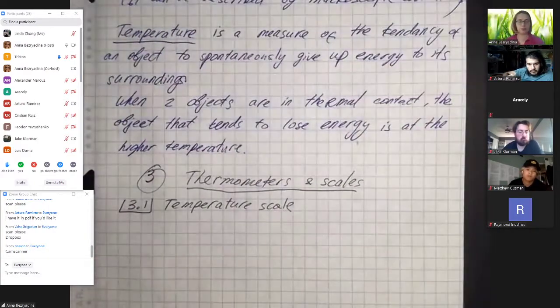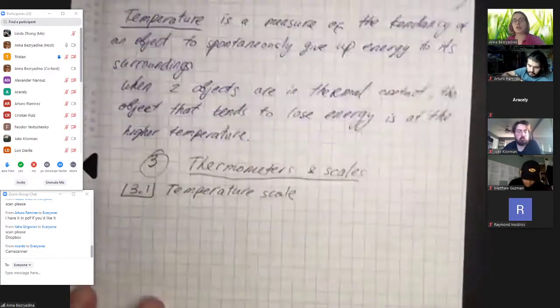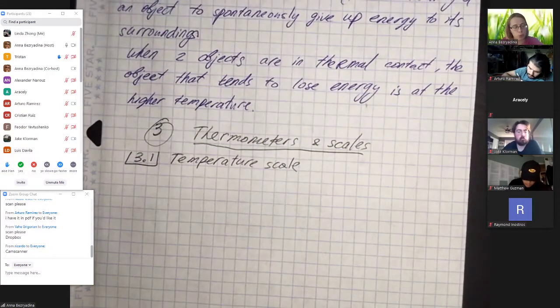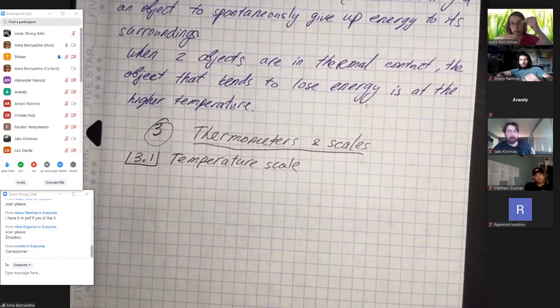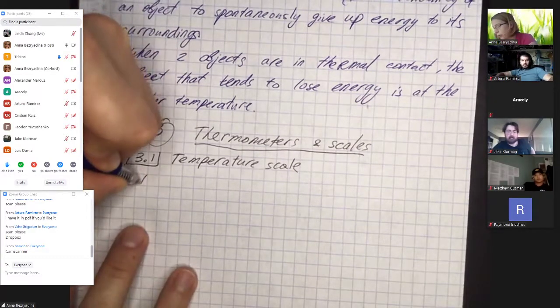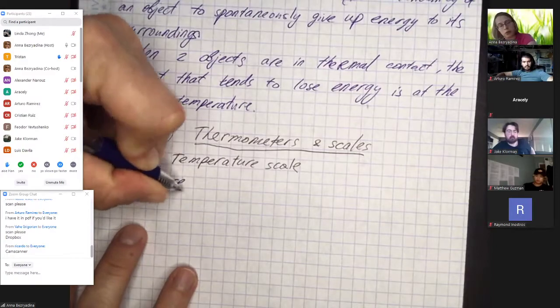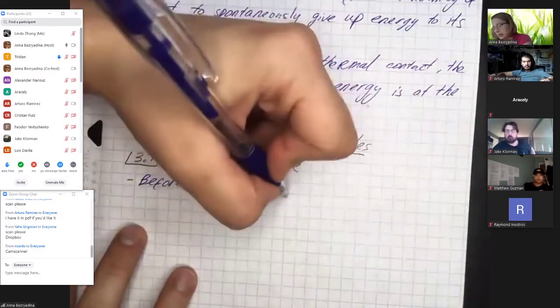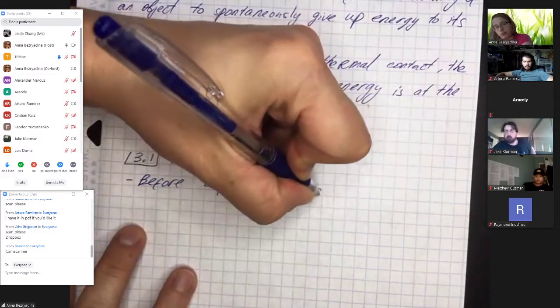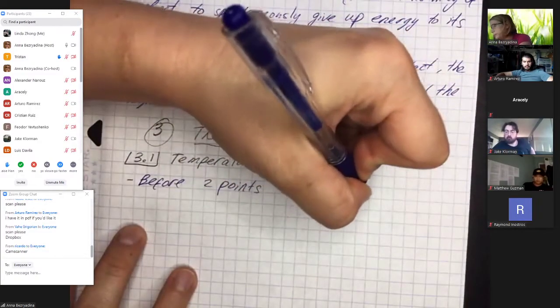There are different ways people defined how to make a thermometer, how we can measure temperature. Before, people used a two-point scale to create a thermometer. So before, two-point scales were used.